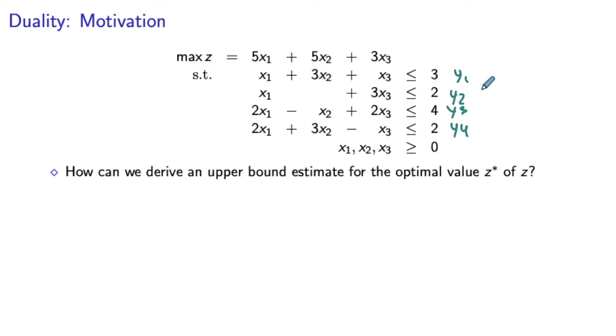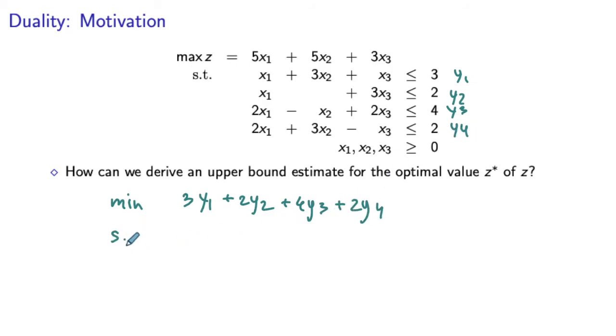So there is a correspondence between the constraints of the primal and variables of the dual, right? And because we are going to use the right hand sides here multiplied by yi's in order to obtain an upper bound on our objective value, since we want to minimize our upper bound to get as good of an estimate of the optimal objective as possible, we are going to write down a minimization objective, 3y1 plus 2y2, then plus 4y3 plus 2y4.